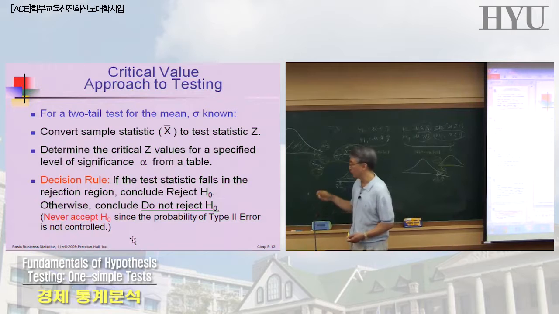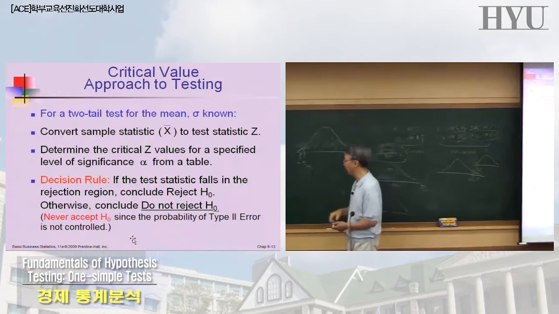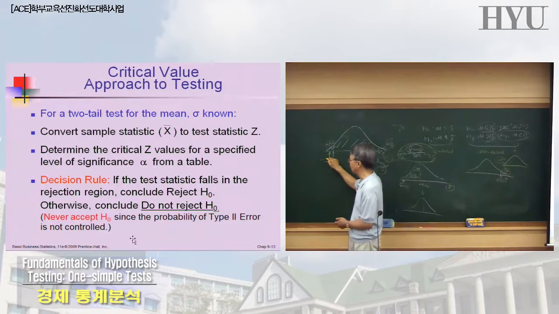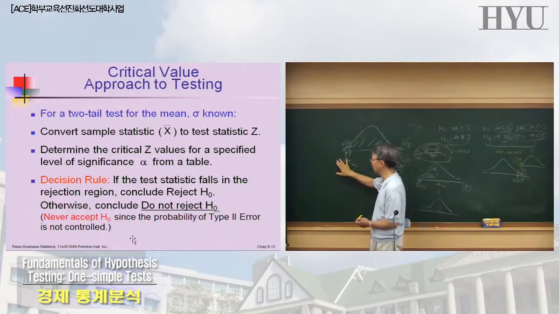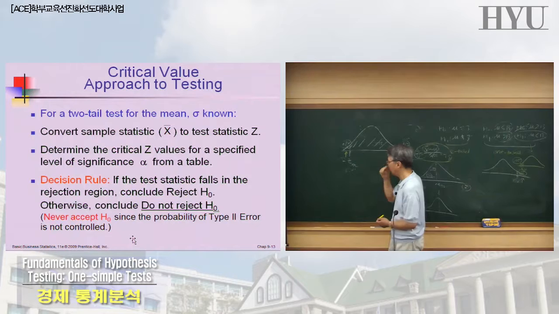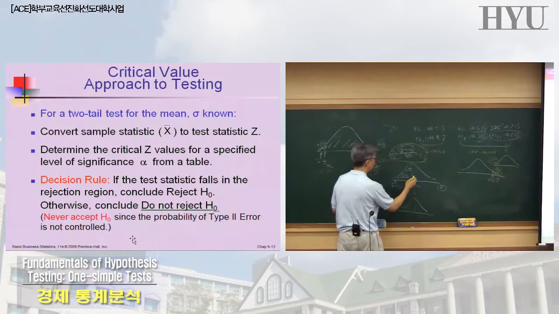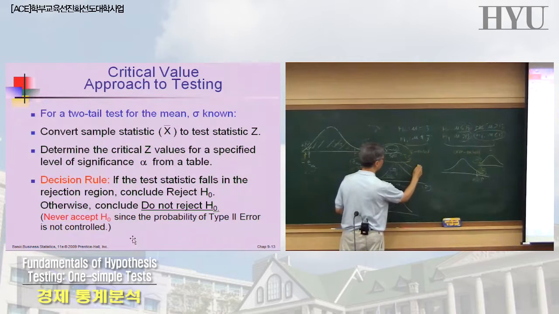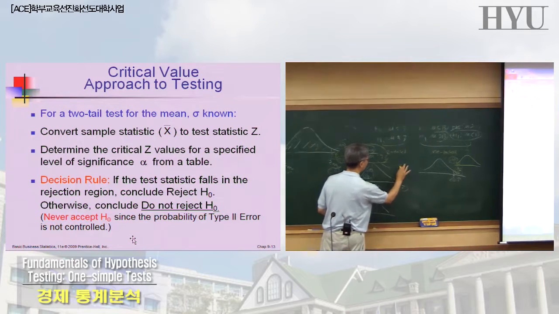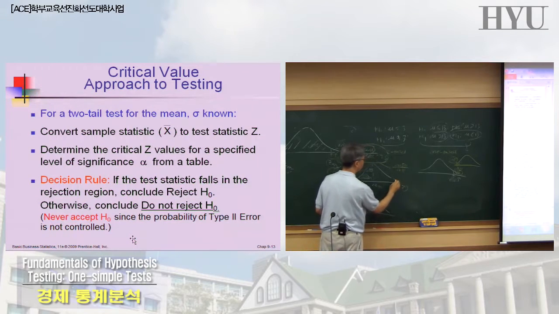If the test statistic is outside, either positively or negatively, so this is a negative test statistic, or it could be a positive one. In other words, if you convert it, it's going to be 20 minus 50, say, divided by 14.8.